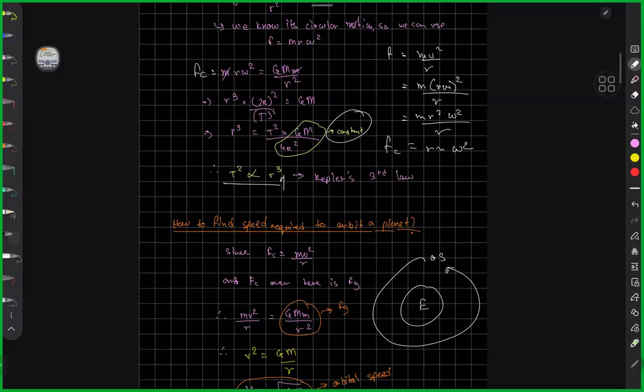the separation between the Earth and the satellite will increase as a power of cube. So if I want the satellite to take 48 hours to go around Earth, then where should the satellite be placed? Way further out.